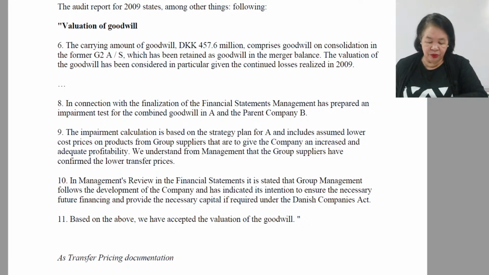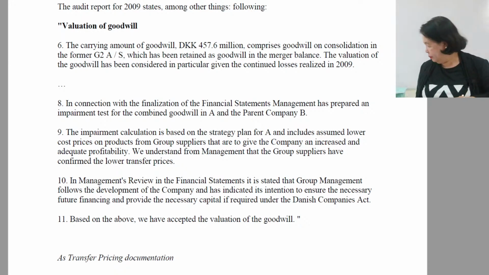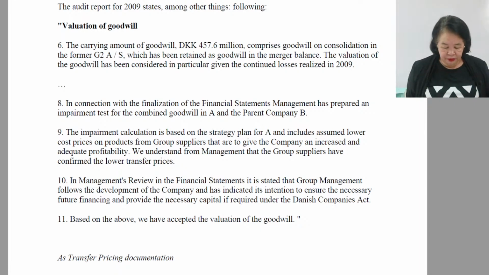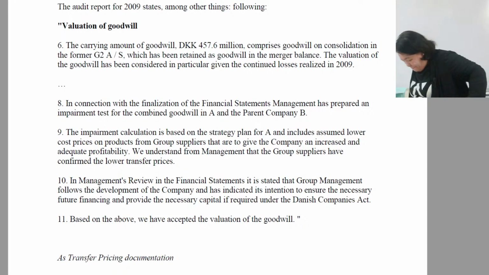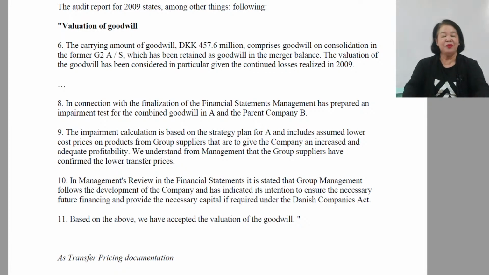The valuation of the goodwill has been considered in particular given the continued losses realized in 2009. No? Okay. Maganda tong ano na to case, no? Kasi this talks about the documentation, no?